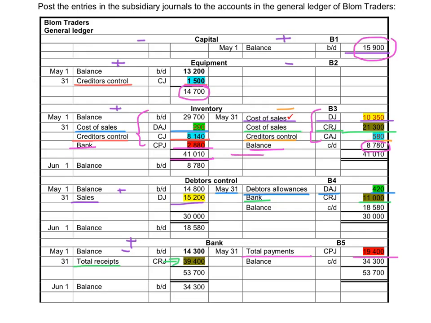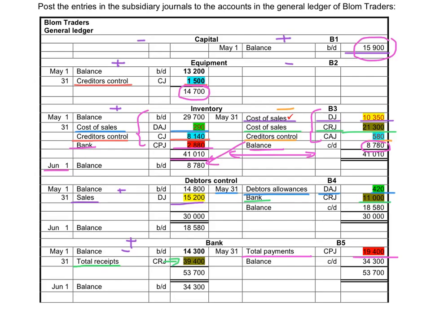The two totals will always be on the same line, and you're not allowed to have any words next to the total. That balance is brought down below the total on the first day of the following month.